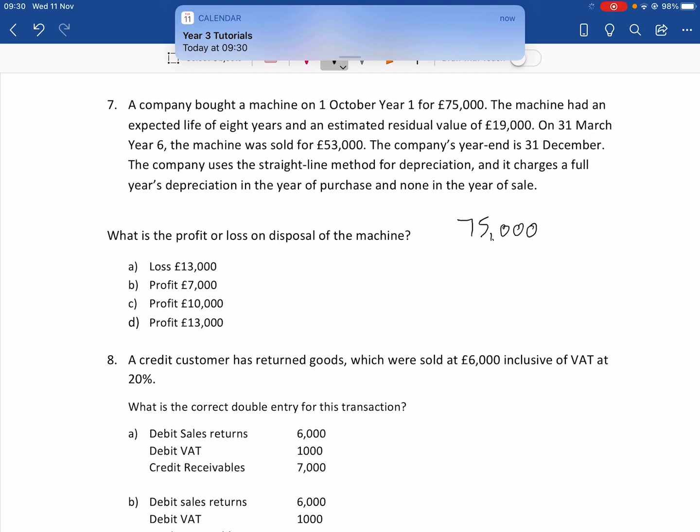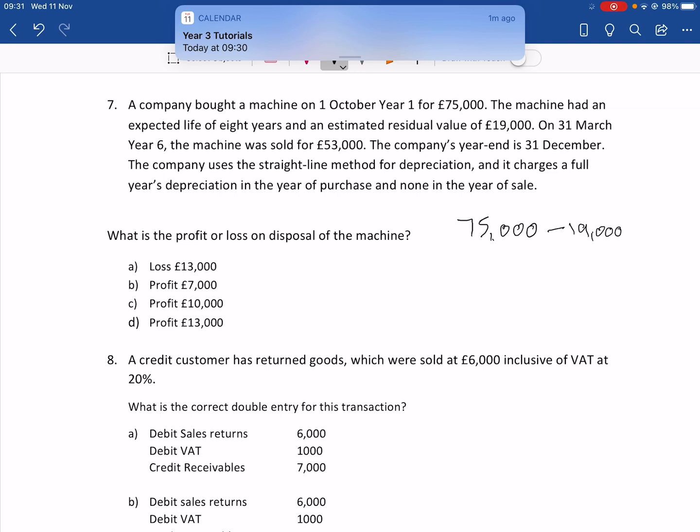So we're working out the depreciation charge now. To work out the depreciation charge per year, we do 75,000 minus 19,000. The residual value basically says that at the end of the 8 years we can sell that £75,000 asset for £19,000.